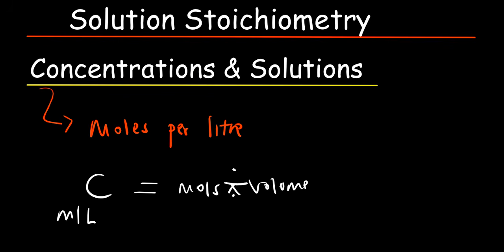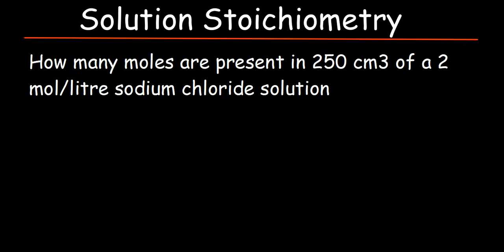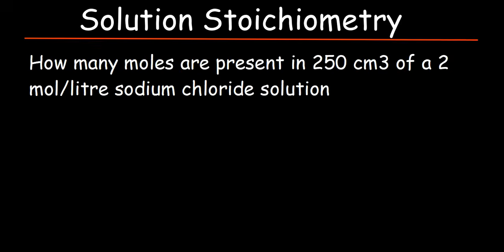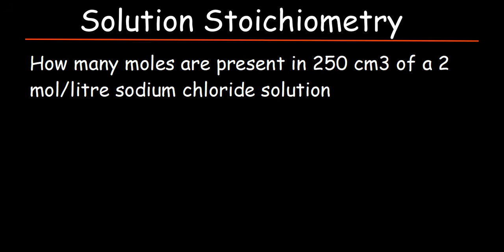Now you have to be able to convert volume to moles. You can just manipulate the equation, since the concentration is equal to the number of moles divided by the volume, where the volume is in liters.